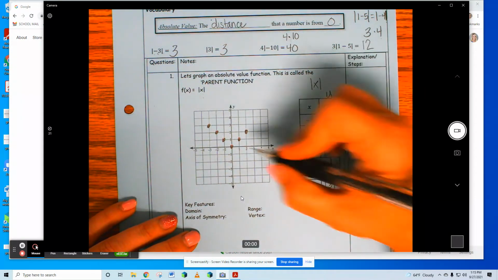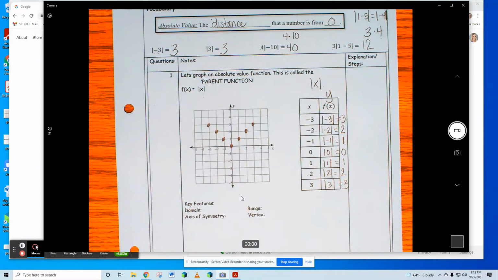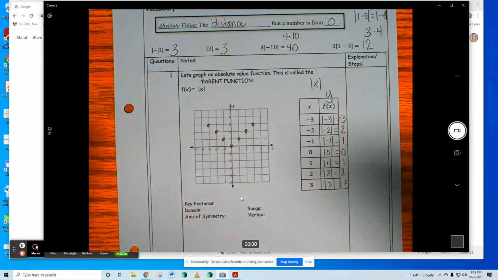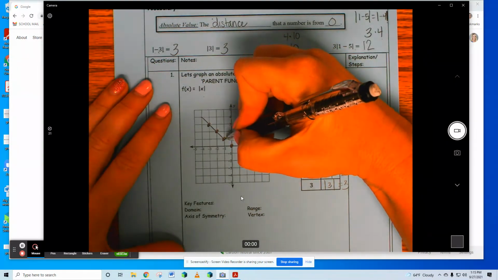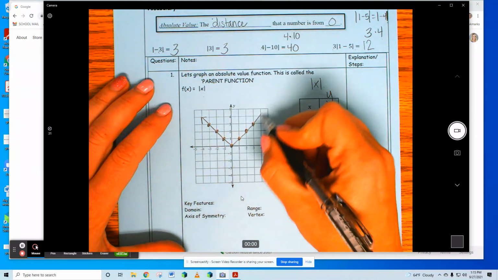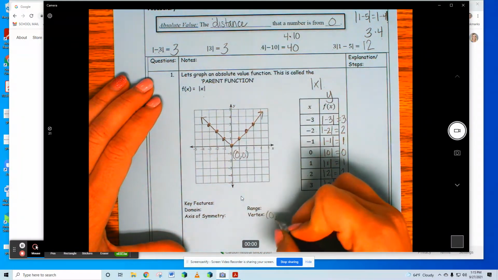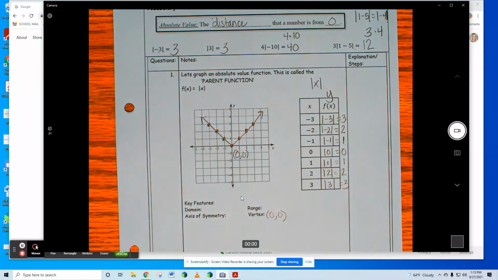This is called the parent function because there are no numbers in front of or after it. It's just the original absolute value. Notice where my 2 lines, upward and downward, intersect. That's called the vertex. 0, 0 is my vertex. It's a perfect V shape.